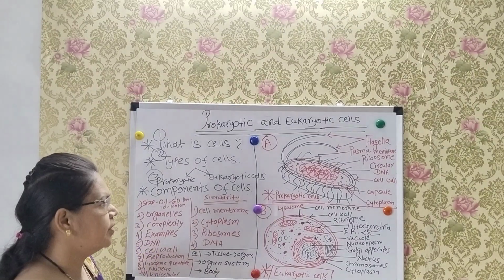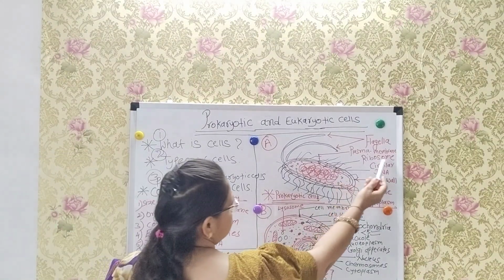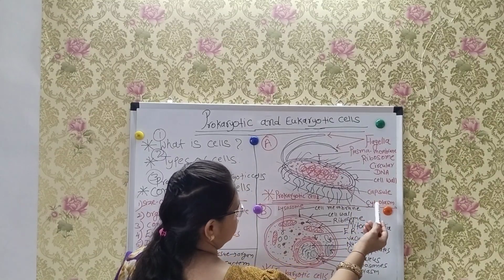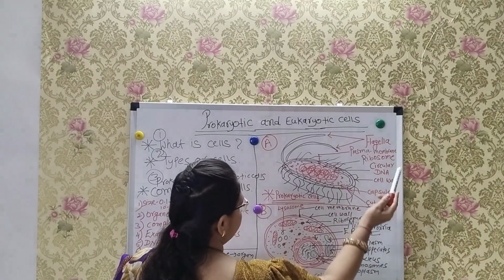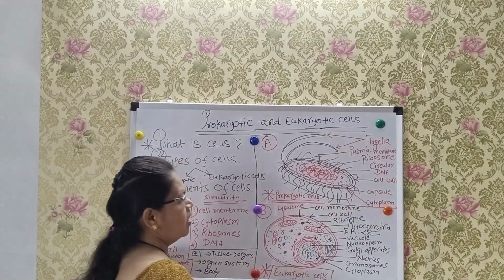In prokaryotic cells, ribosomes, DNA, cytoplasm, and plasma membrane are present.